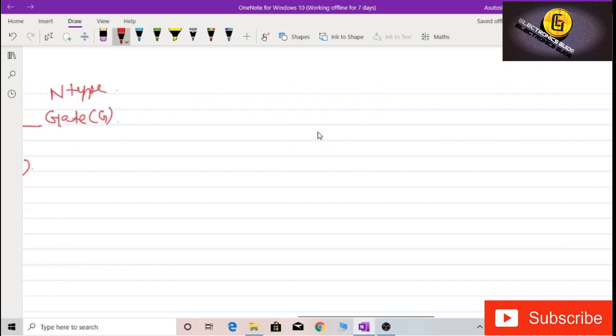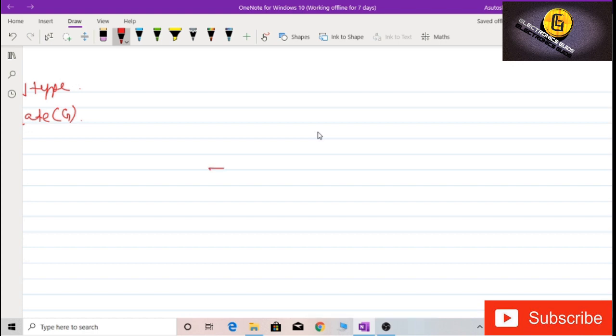If we go through the circuit symbol, the circuit symbol represents three terminals of JFET: first terminal, second terminal, and third terminal. The first terminal is the gate terminal. We can differentiate the gate terminal from the others by seeing this arrow. If the arrow is inward, then this is an N-channel JFET.